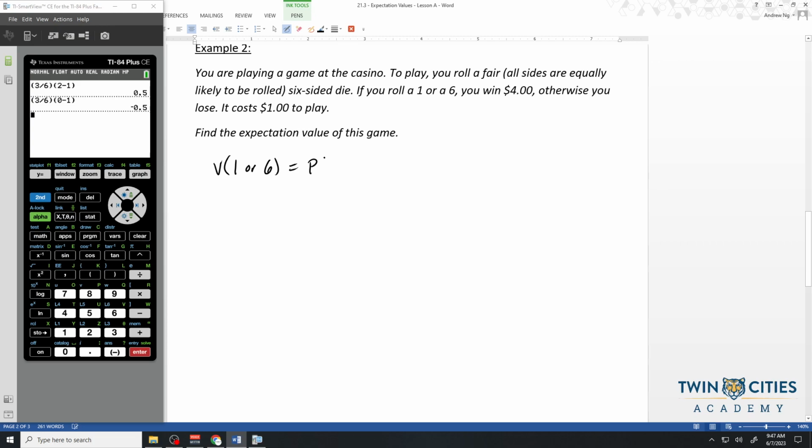Actually, we can just do, this is 2 out of 6. There's 1, there's 6. So that's 2 of those sides that would satisfy this event out of 6 sides. Times the outcome minus the cost. The outcome is I win $4. The cost is $1 to play.